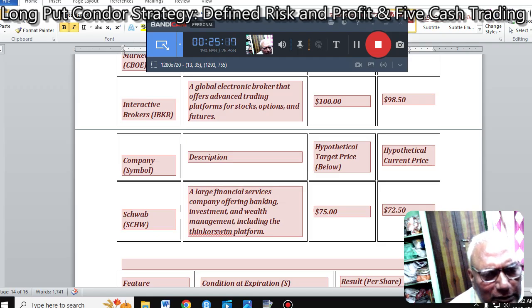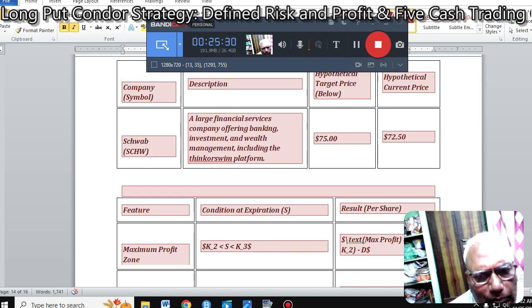Schwab, SCHW, the large financial services company offering banking, investment and wealth management including the thinkorswim platform. Target price 75. Present price 72.50.